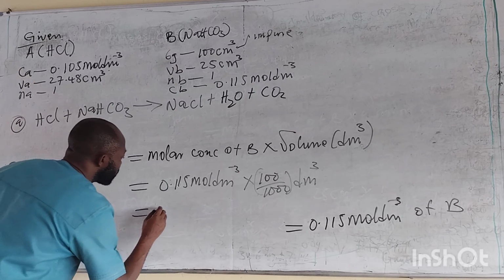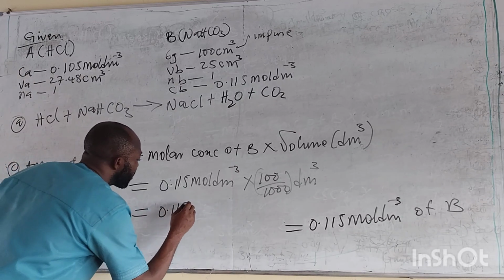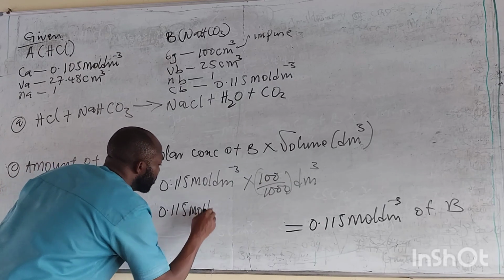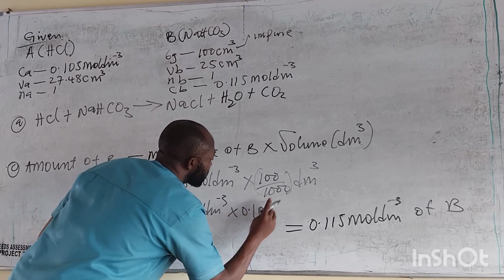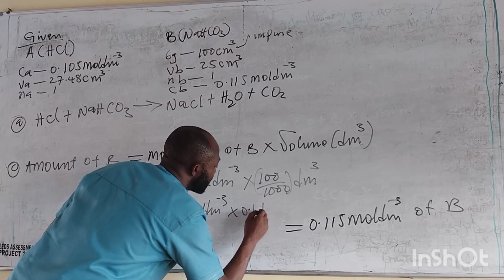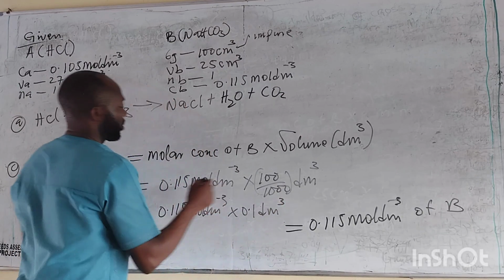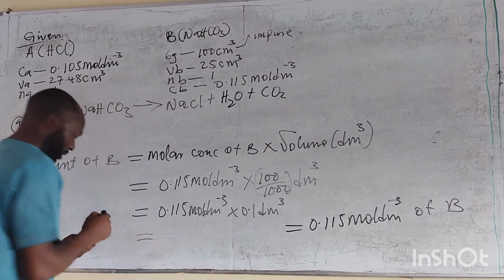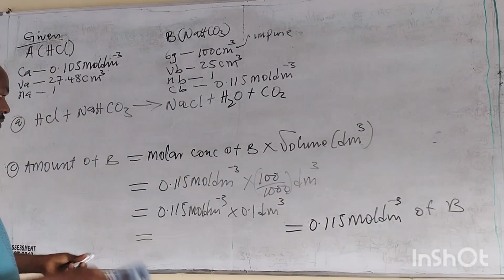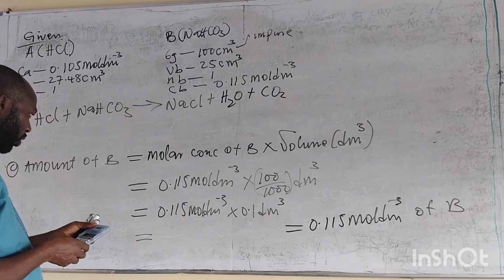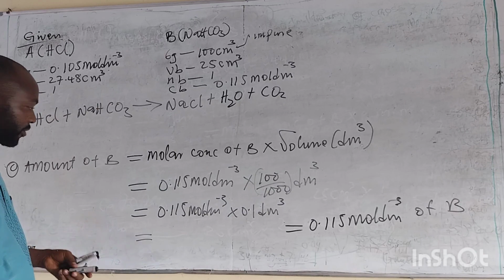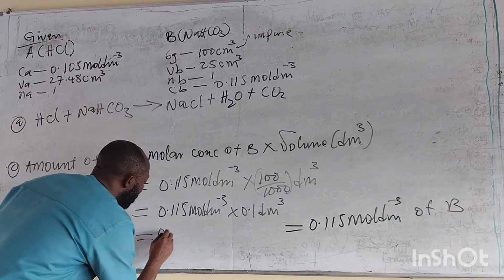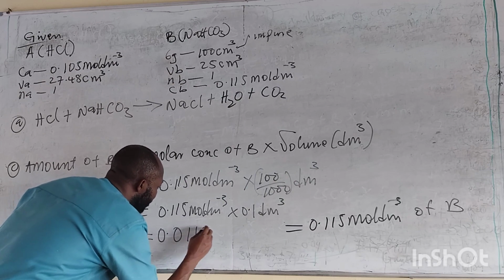So this is 0.115 mole per dm³ times 0.1 dm³. 0.1 times 0.115 will give us 0.0115 mole.